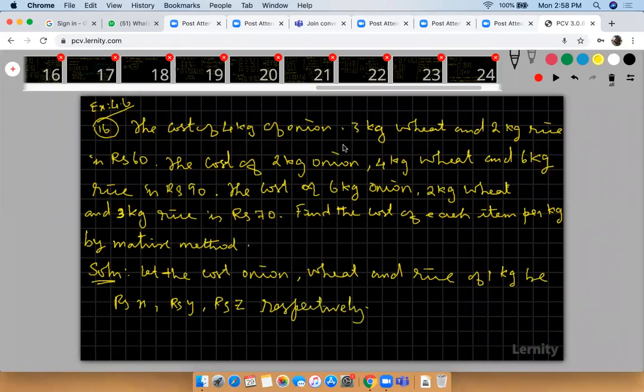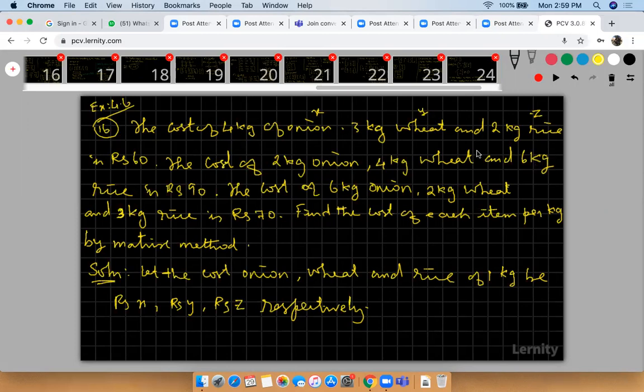That means 1 kilogram of onion is X, 1 kilogram of wheat is Y, 1 kilogram of rice is Z rupees.